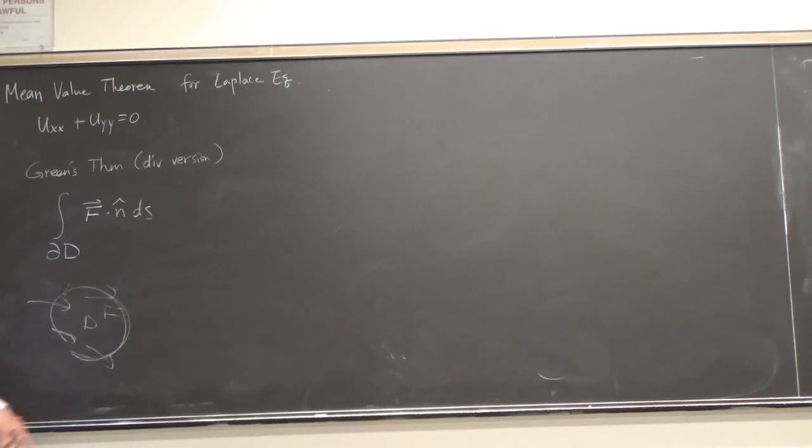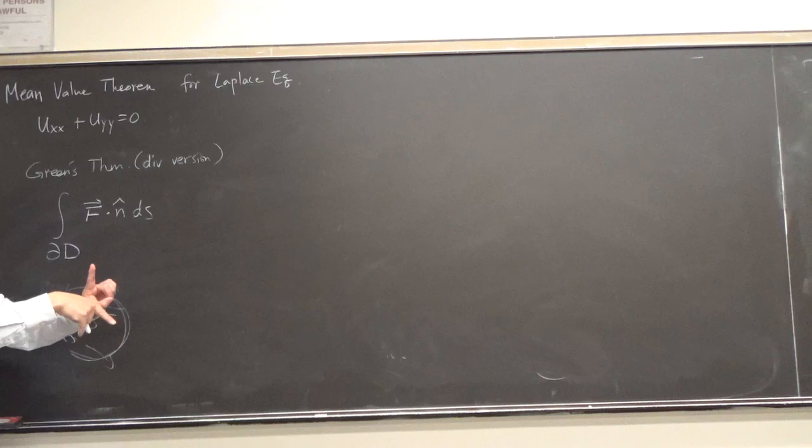The dot product is positive if the angle is less than 90 degrees. It's negative if it's more than 90 degrees, right?